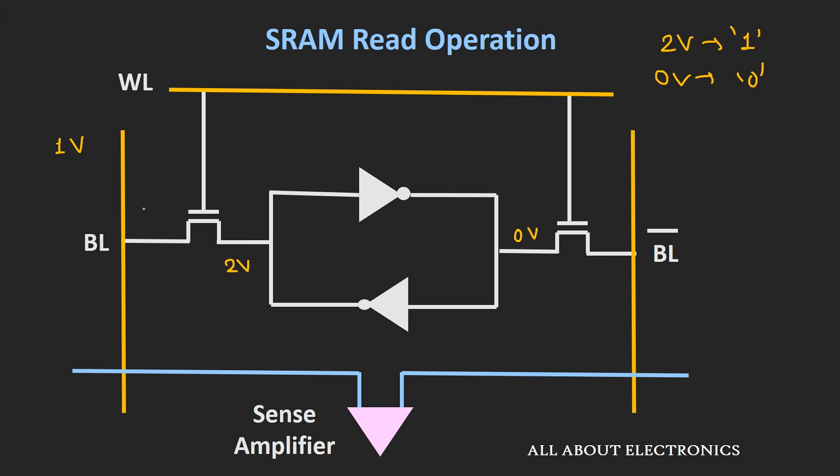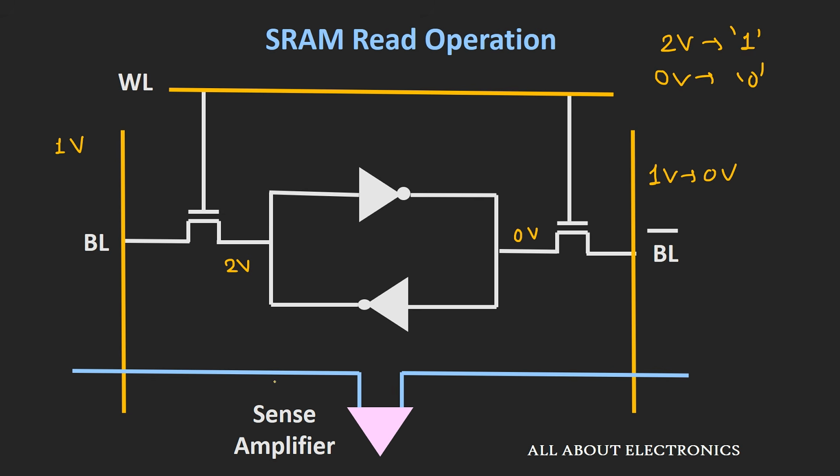But this transition from 1 volt to 2 volt will take some time. Similarly, at this bit line bar, we will have a voltage going from 1 volt to 0 volt, and this transition will also take some time. So instead of waiting for the voltage to reach from 1 volt to 2 volt and from 1 volt to 0 volt, if we simply see the trend in which the voltage is going, then we can increase the speed of this read cycle.